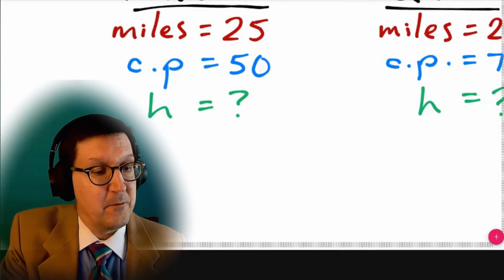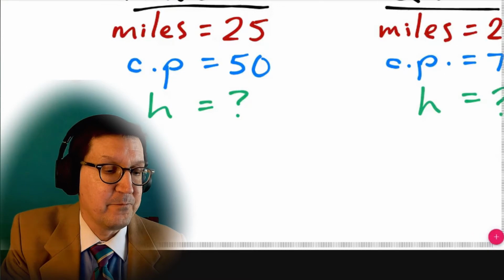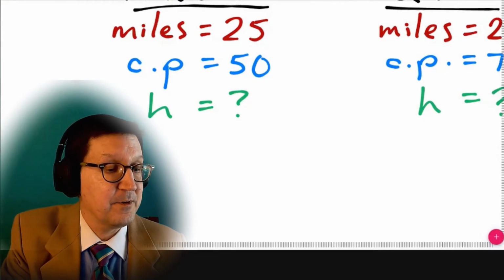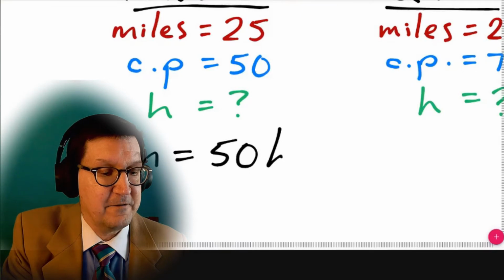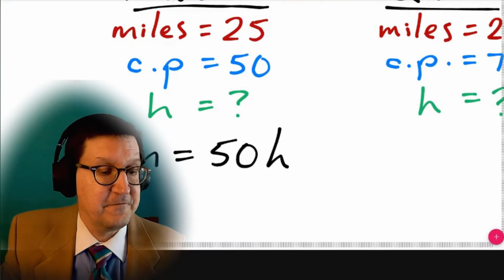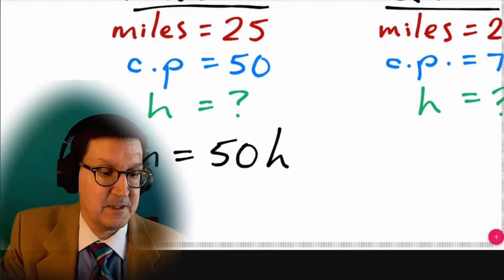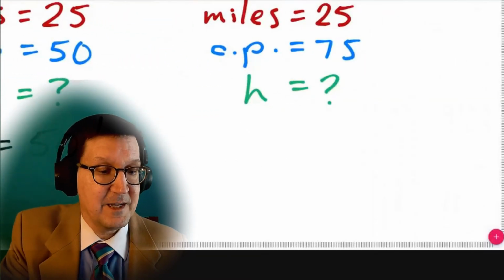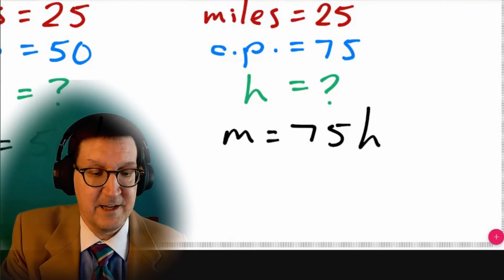Because if it's 50 miles per hour, we can write miles equals 50 times the number of hours, right? Because 50 miles per hour is 50 times the hours to get to the miles. Same thing with Quinn, except his miles are 75 times the number of hours he's been out.